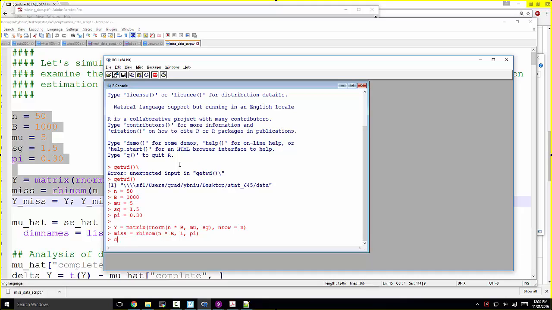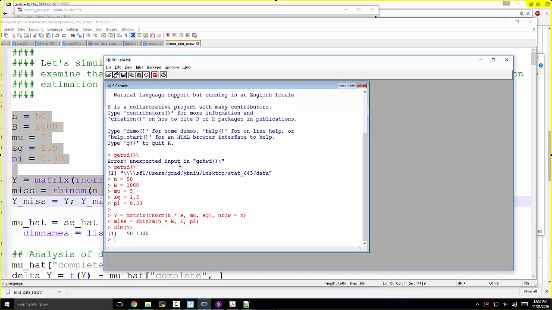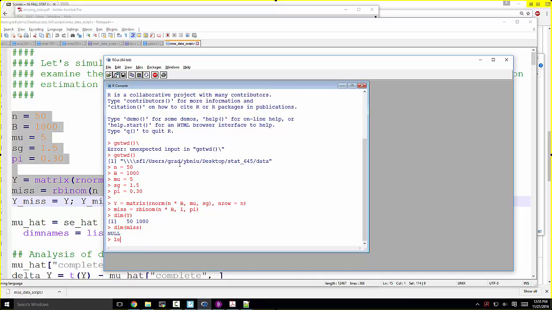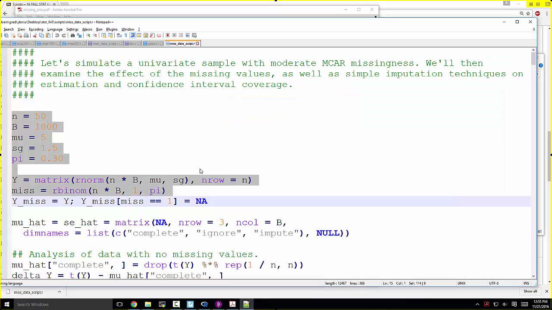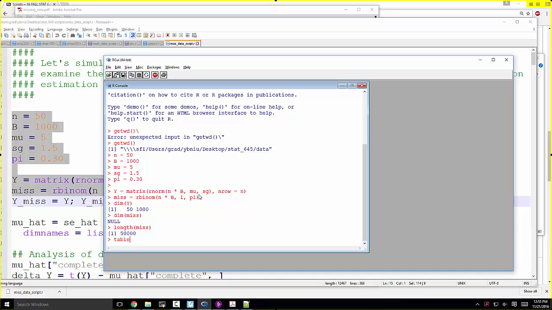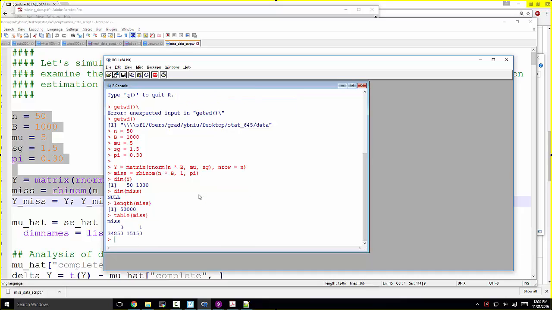So we have Y, 50 by 1,000, and miss is a vector of 50,000. So if I table miss, roughly 30% of the attempted observations are going to be missing.